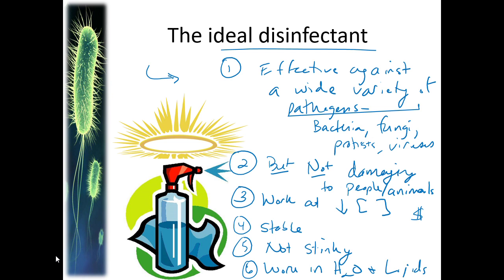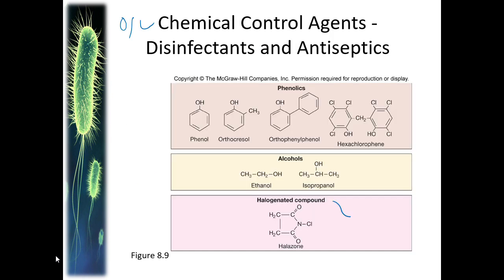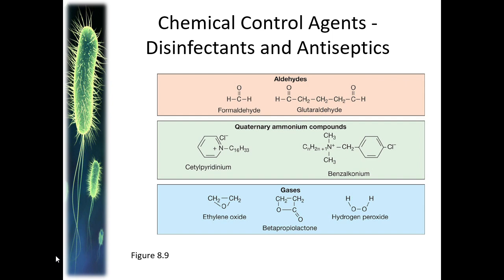So all of these things could come into play, whether you're talking about a disinfectant or an antiseptic. And we really looked at a bunch of these. These are some of the chemical control agents. Some of them are disinfectants. Some of them are antiseptics. Some of them can be both, depending on the concentration. So you're going to look online and learn about the phenolics, the alcohols, halogenated compounds, aldehydes, quaternary ammonium compounds, and then gases, especially ethylene oxide.